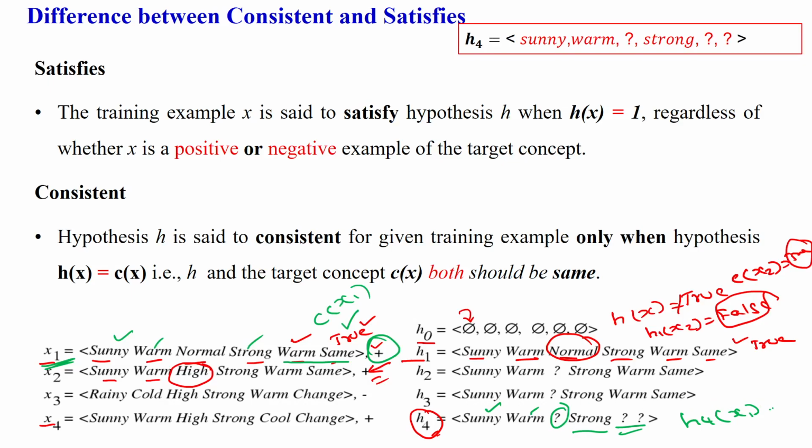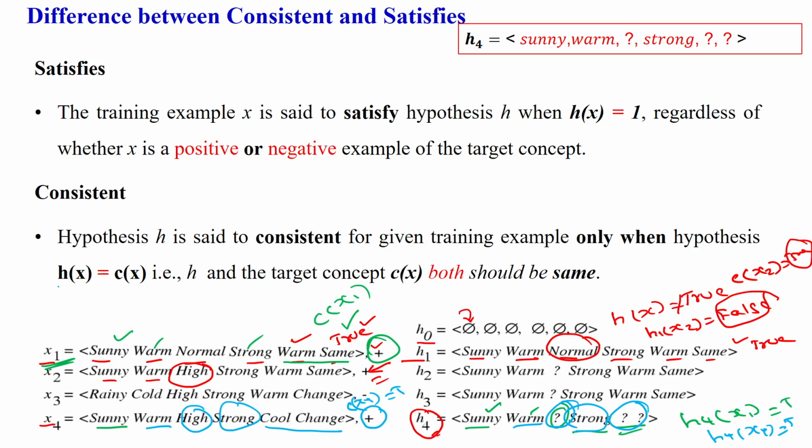Similarly, when you check the fourth sample, sunny, sunny, warm, warm, the question symbol accepts any value, strong, strong, and the question symbol accepts any value. So c of x4 is true, and h4 of x4 is also true, so it is satisfying.